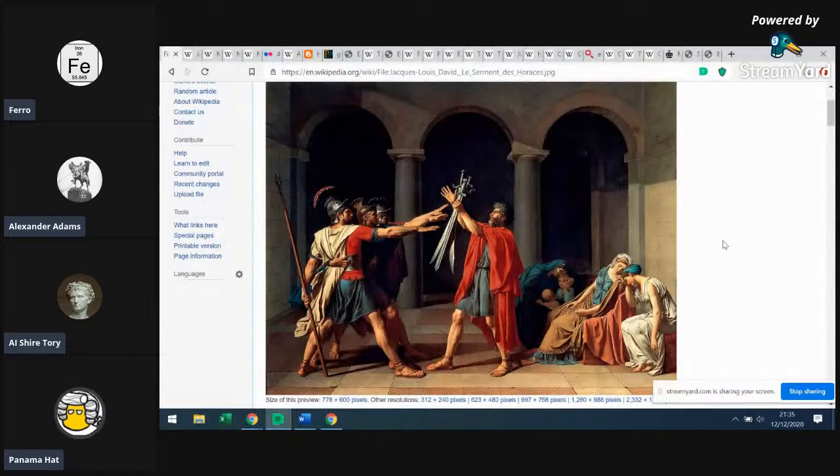Now, I don't believe there's any historical evidence that the Romans used this as a salute, but because there's a statue of Caesar in a similar pose, this painting basically sealed the image of the Romans doing this as a salute to superiors or to commanding officers, that sort of thing.